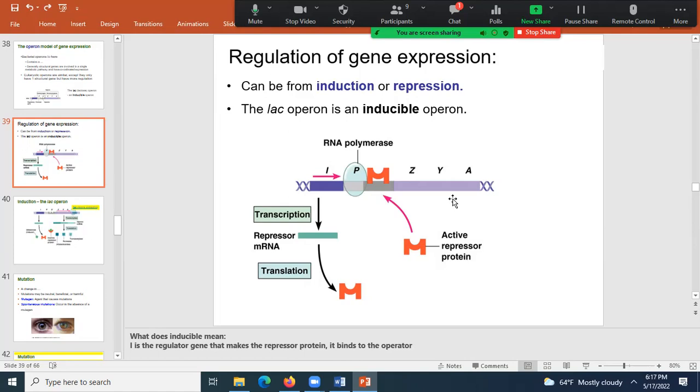When we're talking about E. coli, why do you think the lac operon is most of the time turned off? Why would the cell not need the enzyme lactase?